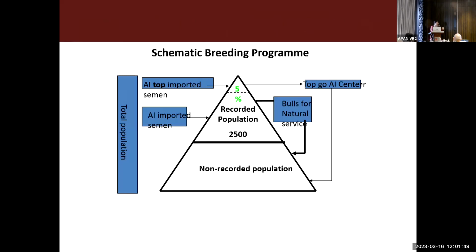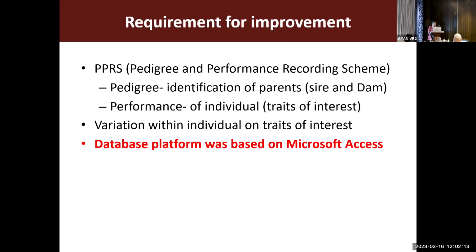Again, we used a platform for that, but sometimes the computer crashes and we lose all the samples. So we enter the data and then have to save it again on hard disks. That is how we were working during the dairy cattle improvement program.